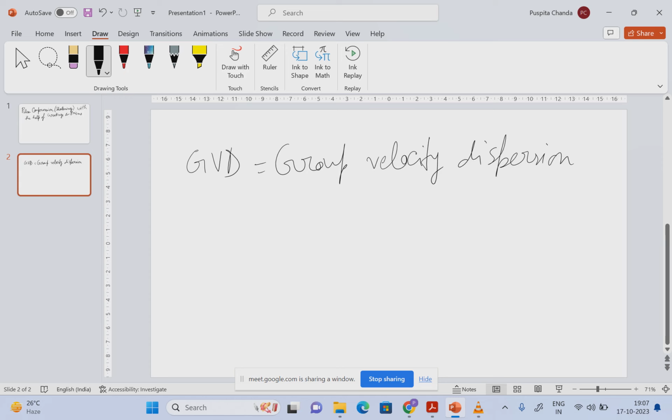So there is positive dispersion and negative dispersion. Sorry, it's group delay dispersion.